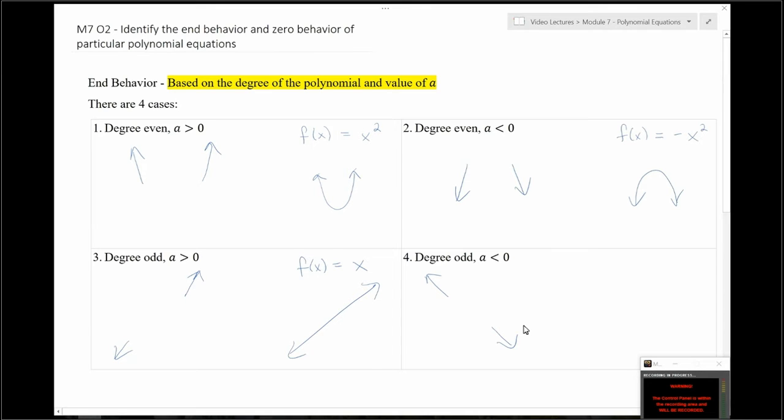The left one will be pointing up and the right one will be pointing down, just like negative x. So it's very easy to figure out what the end behavior is if you compare it to one of the four basic functions, either x and negative x, or x squared and negative x squared.